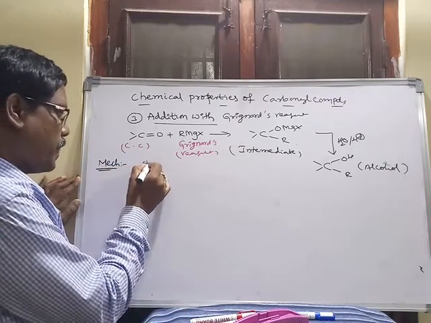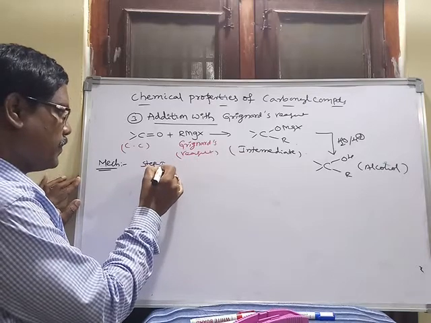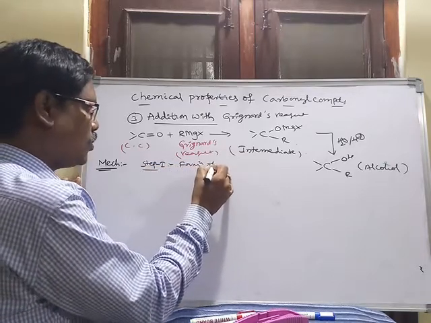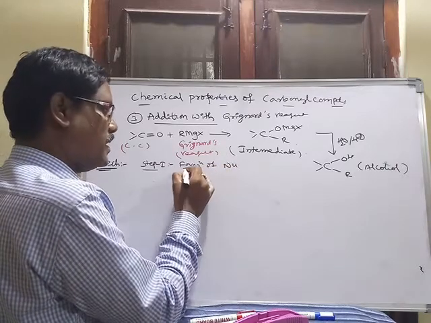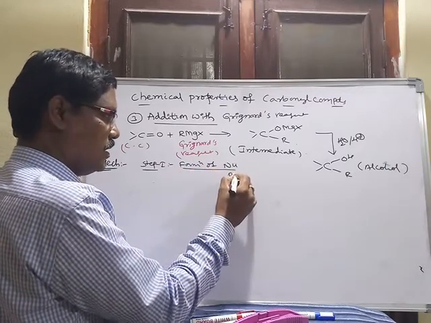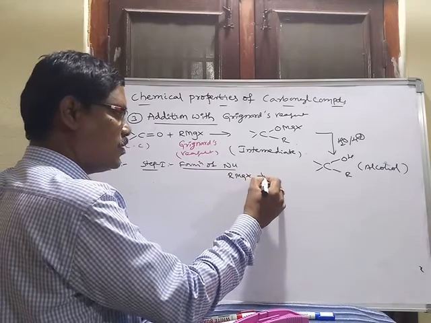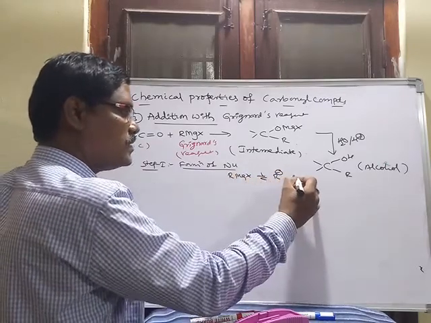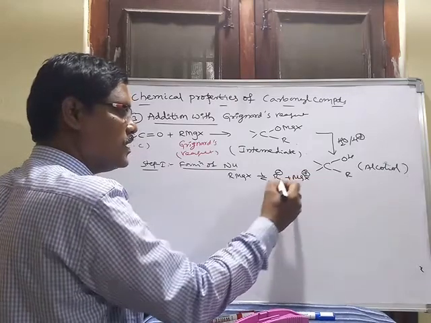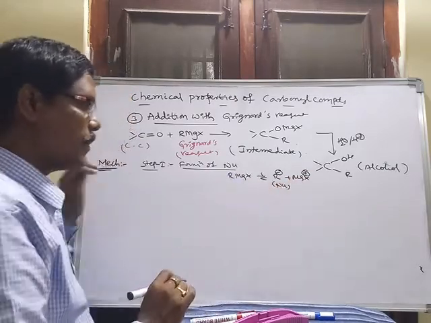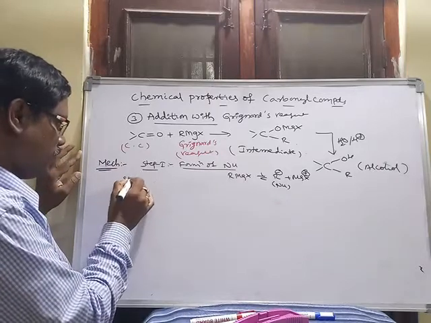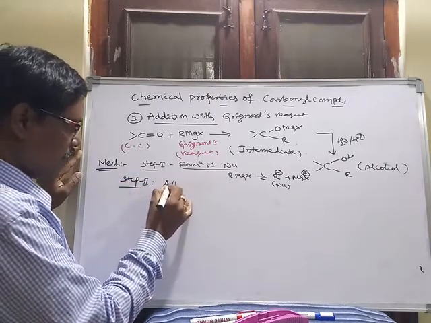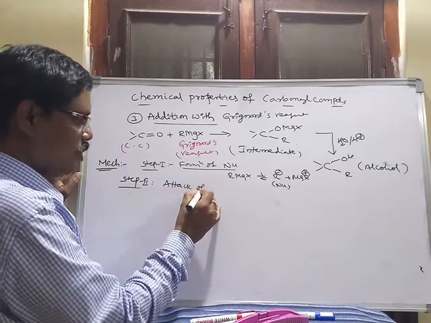Step 1, formation of nucleophile. This is not really the simple one, but to understand easily I am writing R minus MgX plus. This is the nucleophile. Now step 2, attack of nucleophile.